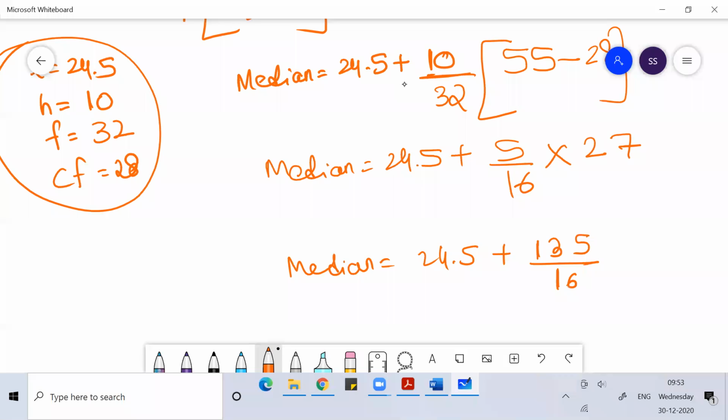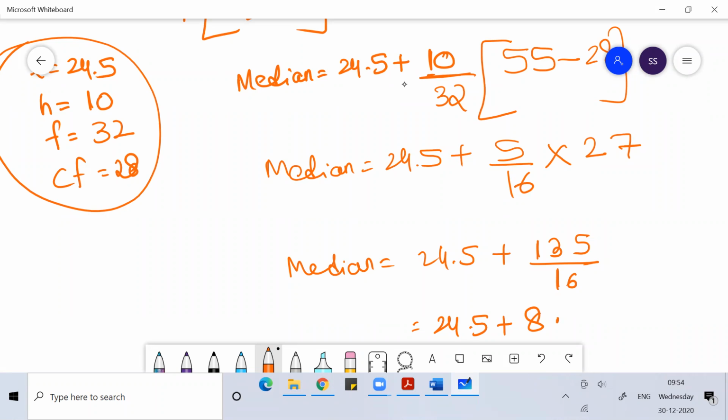So 135 by 16 is 24.5 plus 135 by 16. 16 eights is 128, right? 16 nines is 144, so 16 eights is 128. So 8 means 70, and 16 fours are 64.